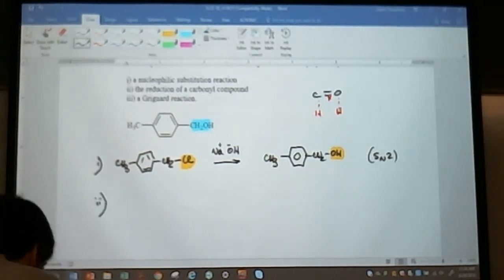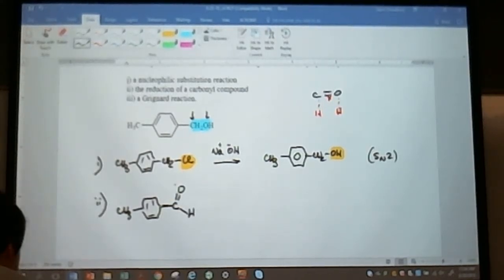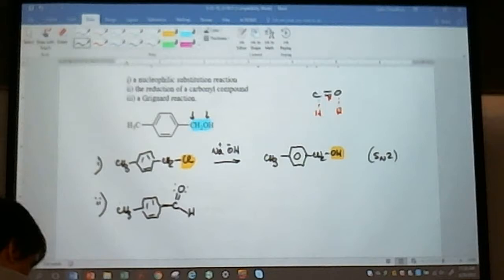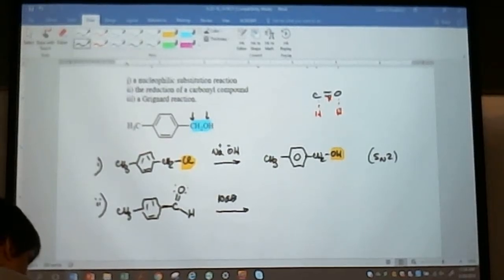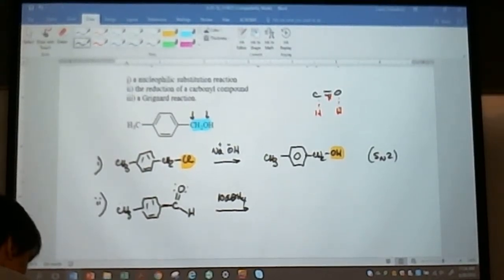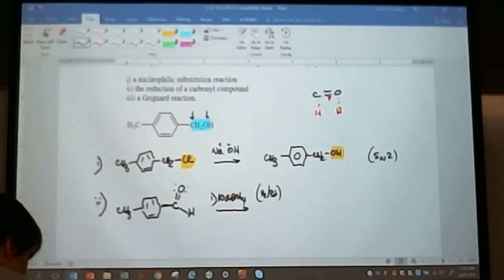So this carbon and this oxygen need to be the carbonyl, which is now going to be reduced to the alcohol. Either an aldehyde or potentially an acid chloride that I will need to reduce twice. Let's leave it at an aldehyde and either sodium borohydride or lithium aluminum hydride or hydrogen. Any one of these would reduce the aldehyde to the alcohol.